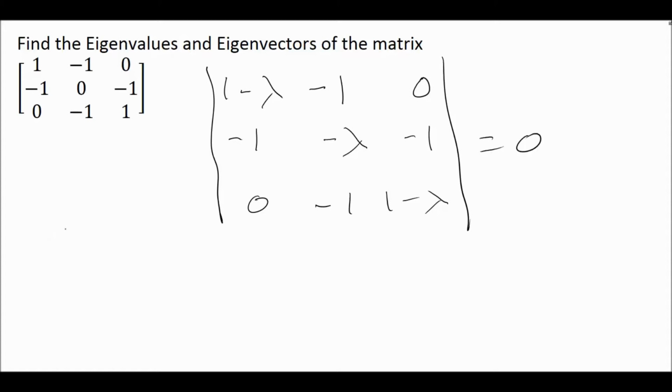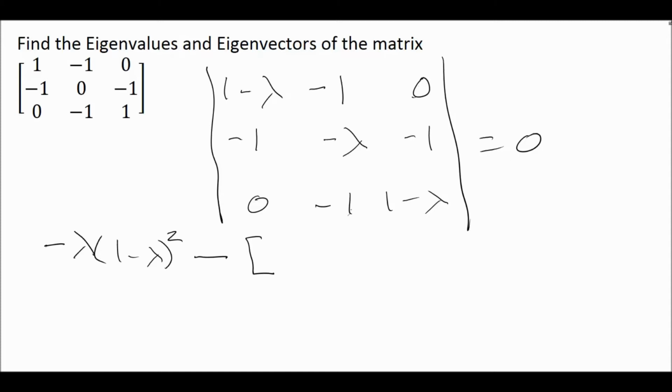When we expand this out, we'll take the first diagonal and we get minus lambda times (1 minus lambda) squared. Then we get minus 1 times 0, that's nothing. 0 times, that's nothing. And then we have the diagonals in the opposite direction, which give us 0 times minus lambda times 0, that's nothing.